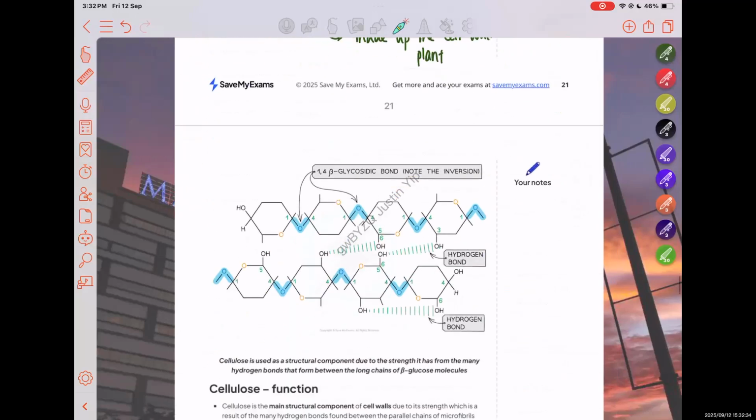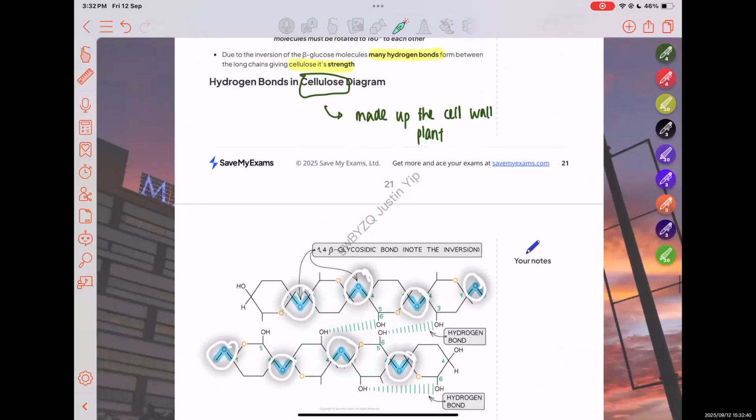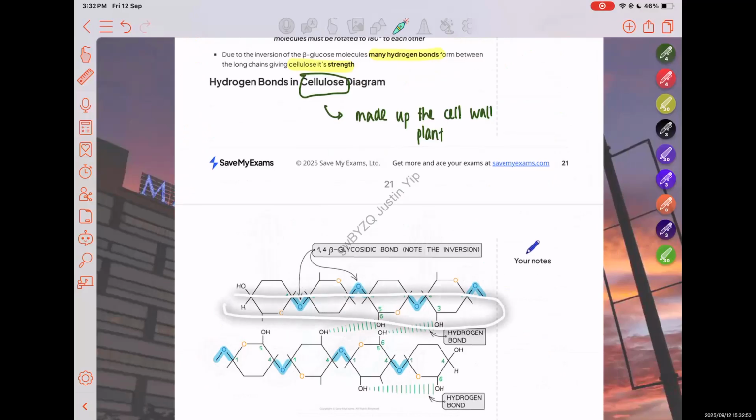So what you expect is, you see, I go down, I go up, down, up, up, down, up, down, because it is inverted. So this causes them to be very strong. You see, I got two layers, the first layer and the second layer.